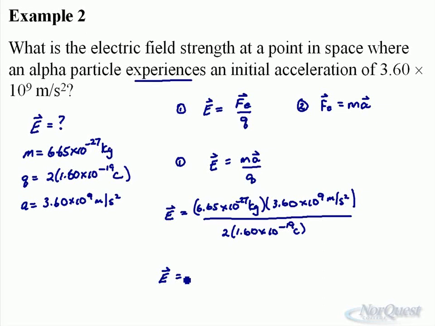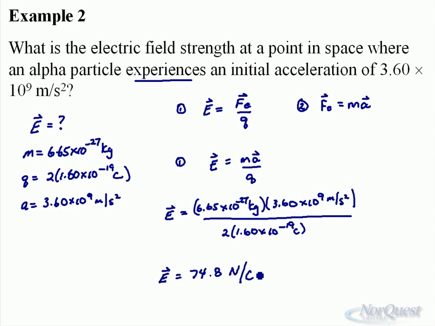When you punch all this in, you should get 74.8 to 3 sig digs, newtons per coulomb, as the electric field in this case.